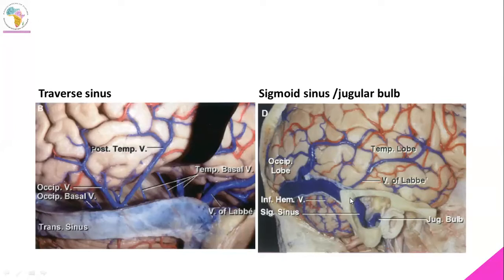We call it the asterion. The asterion is a craniometric point along the lateral aspect of the skull.